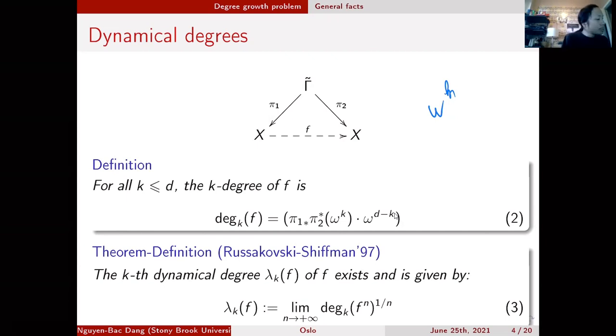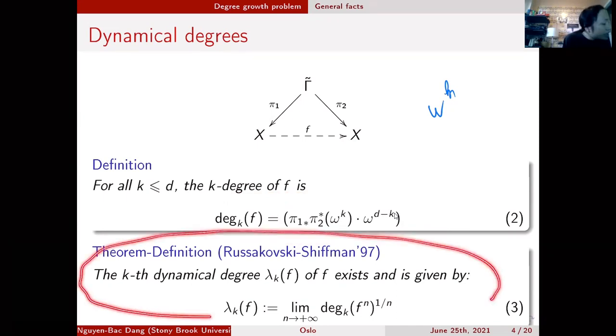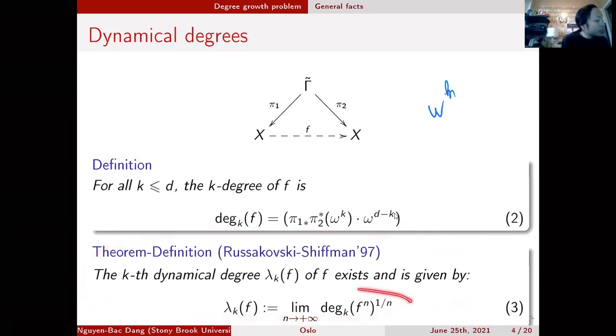So as I said, you get this formula that is the degree of the preimage of a codimension k hypersurface. And so now I want to iterate this. The first thing you can say is that actually the sequence of degrees of F^n is sub-multiplicative. So you can define the so-called k-th dynamical degree, which is the asymptotic ratio of this quantity.